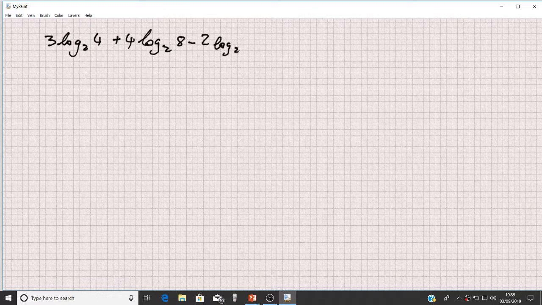We'll just write it out here: 3 log base 2 of 4 plus 4 log base 2 of 8 minus 2 log base 2 of 16.